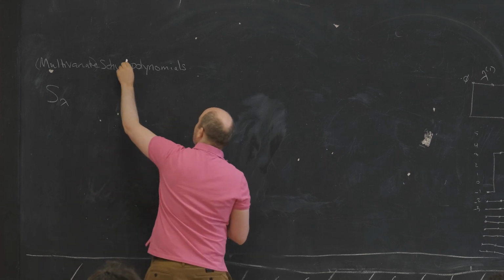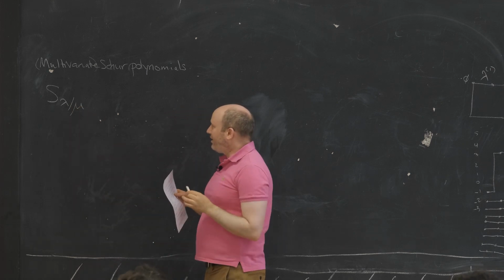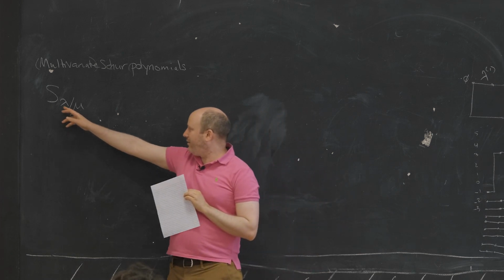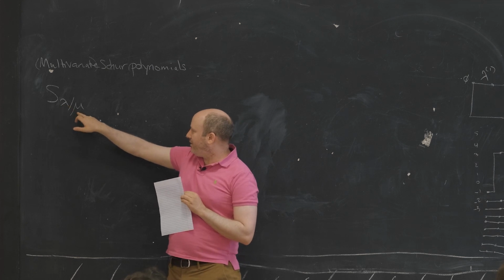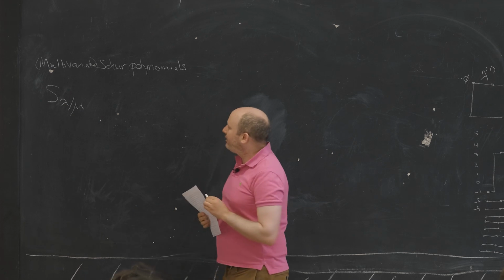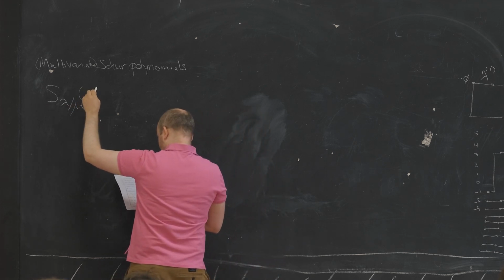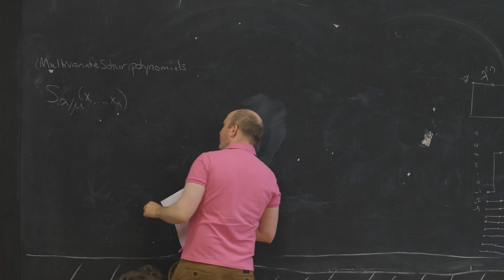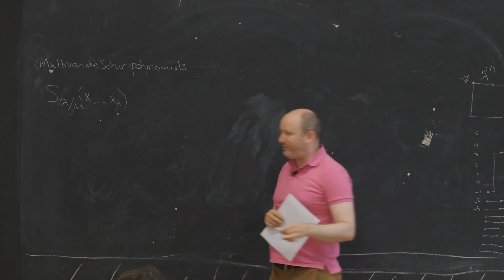Actually, for the sake of argument, let me write that. So imagine I have two partitions, lambda and mu. Again, this is the skew partition, so this thing will be 0 unless lambda contains mu. But now I'm going to consider this in multiple variables, x1 through xn. Before we had a definition for just single variables, and now I'm going to define it for multiple variables.